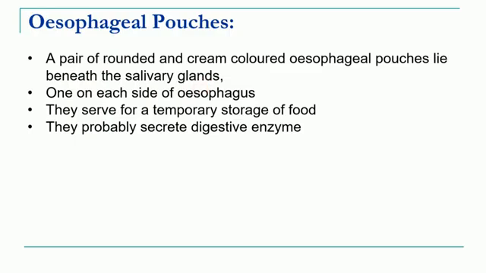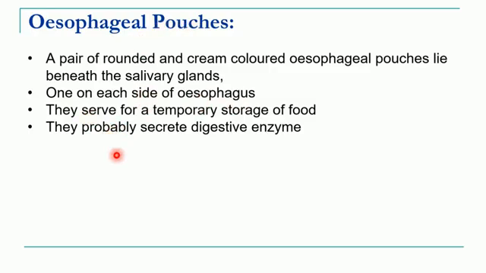In the next slide, we'll see the exact position of these esophageal pouches. There are two esophageal pouches, one on either side of the esophagus, in the form of small pouches.